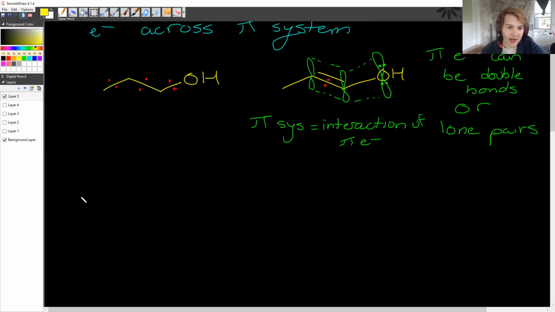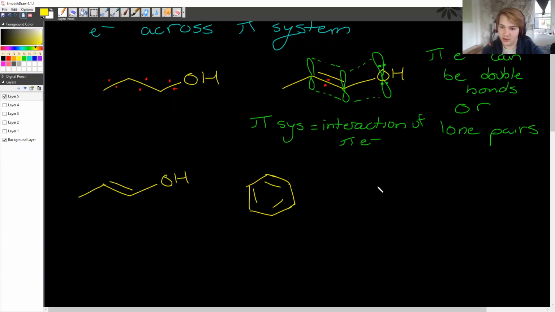So let's take a look at what happens. Let's say we have, once again, this molecule going on. All I want us to do is label all of the atoms that are involved in a pi system for these different molecules.